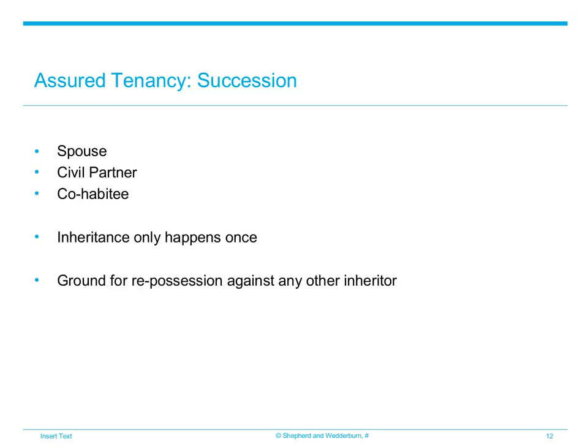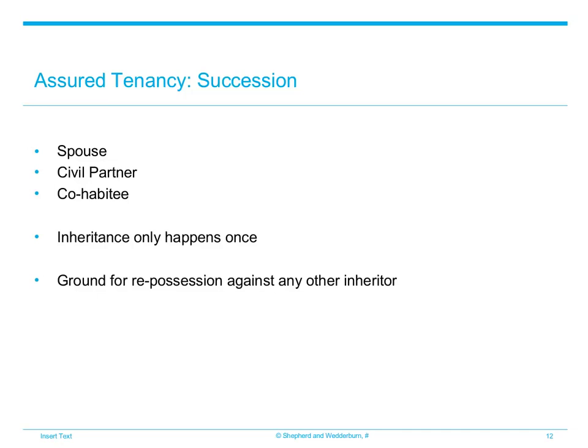This is where the inheritance line will stop. No further family member can inherit. There is also a ground for repossession, so if a tenant has bequeathed his interest in the lease and that bequest is accepted, this is a ground of repossession that the landlord has, if this is not to a spouse, civil partner or cohabitee.